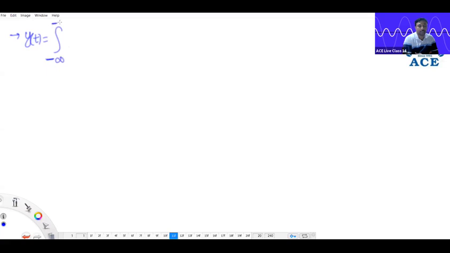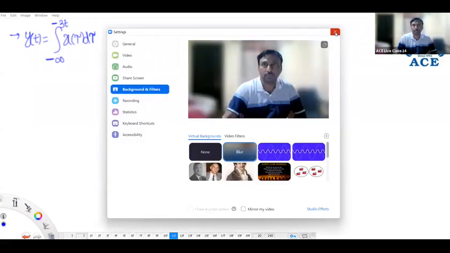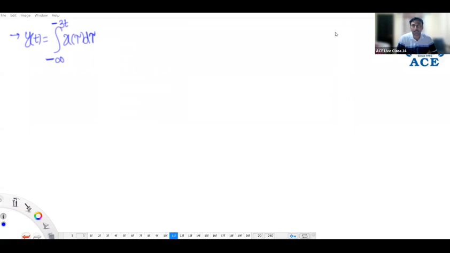Integral from minus infinity to minus 3t of x(tau) d tau. The upper limit is a clear indication for us: t is replaced by minus 3t.